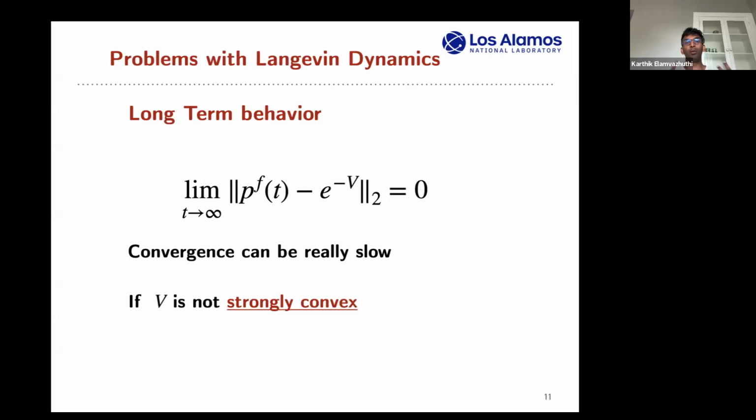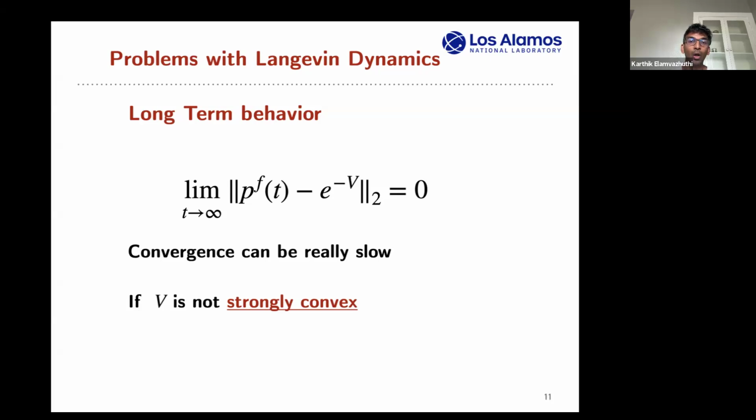Now, what is the problem with this method? The problem with this method was that there are some theoretical issues when it comes to using this method to map noisy images to meaningful images. One is that the performance of this method depends on how fast you can converge to the target distribution.